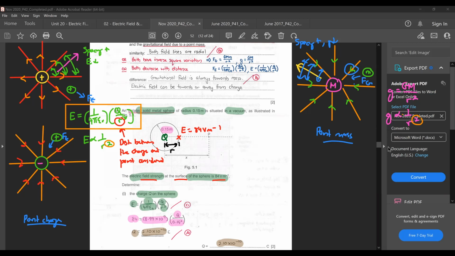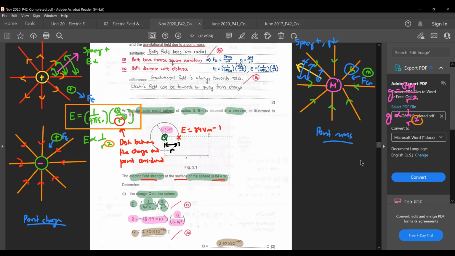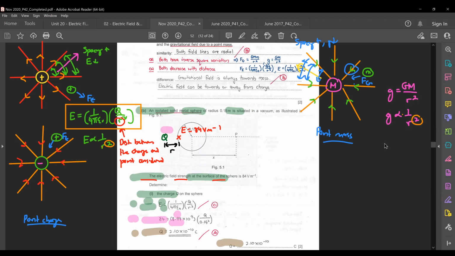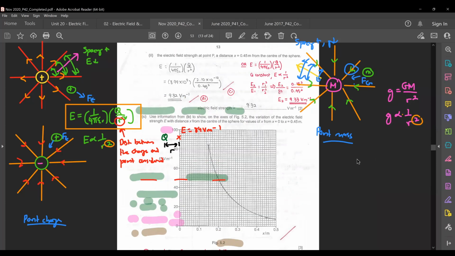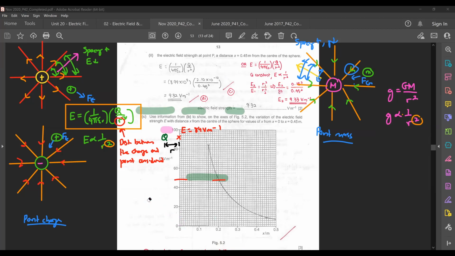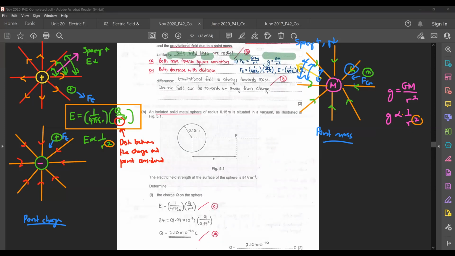Then you move on to the next page. Let me just get rid of this thing here. If you now move on to the next page, they also ask you to find the electric field strength at point P, a distance of 0.45 meter from the center of the sphere itself. So they want you to find the field strength at a new point, which is at this point.